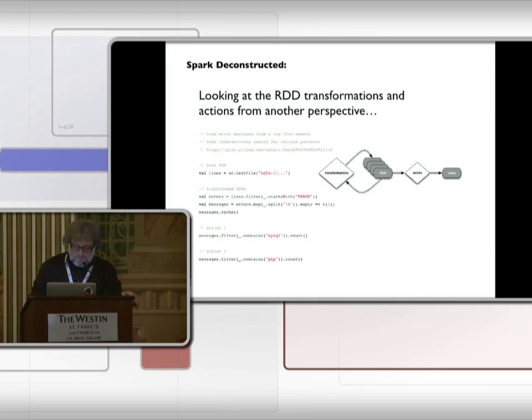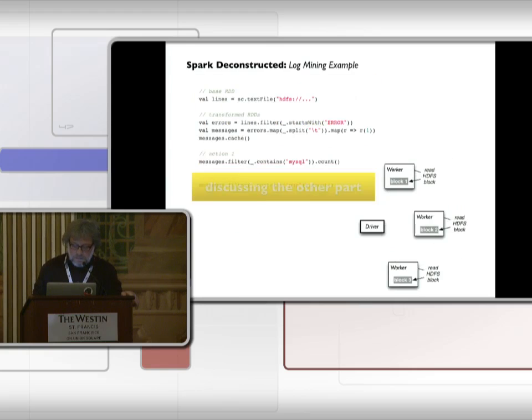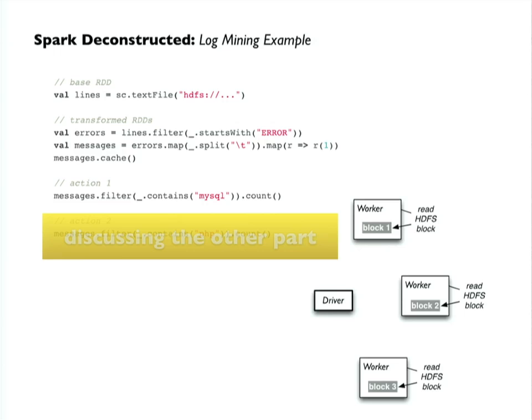Okay, let's bring that back up. The line there, after we've done these transformations, says messages.cache. It doesn't have to be there; we've decided to put an explicit persistence there. By default, cache puts it in memory.